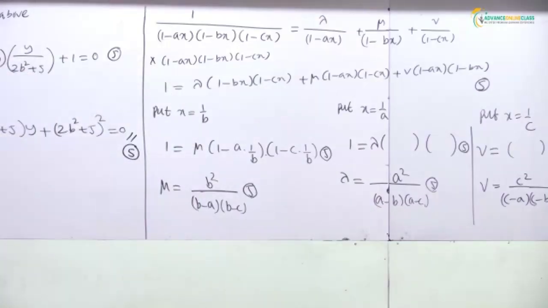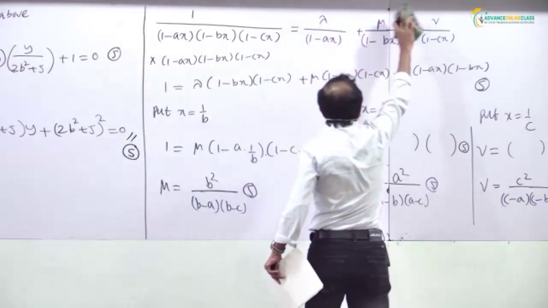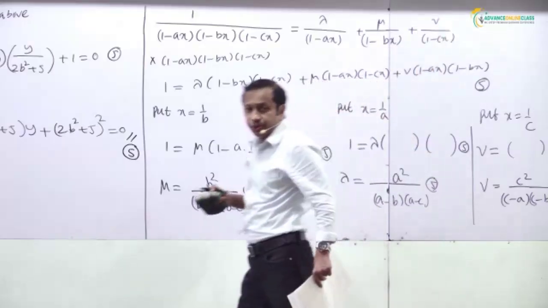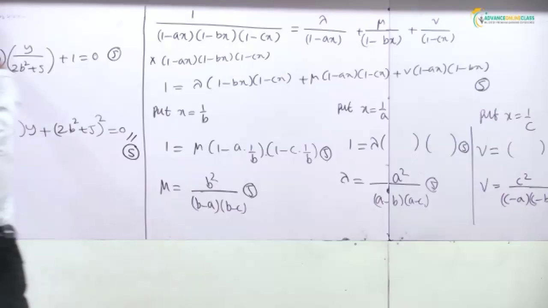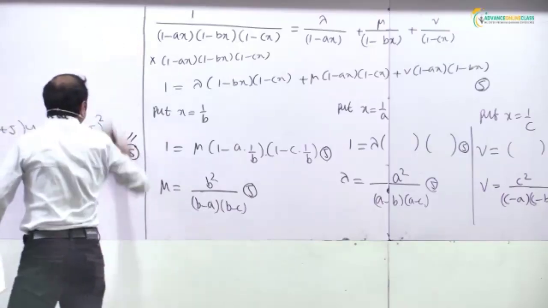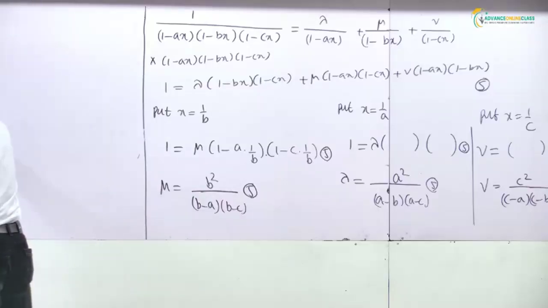Then we can substitute for lambda, mu, and nu. We are here. For the places of lambda, mu, and nu, we substitute what? That found answers we substitute. Okay.